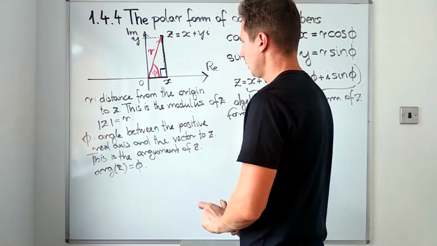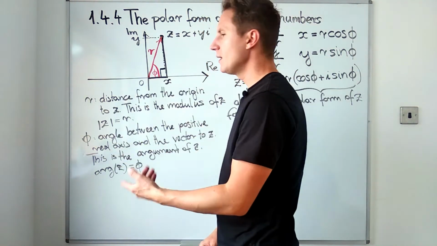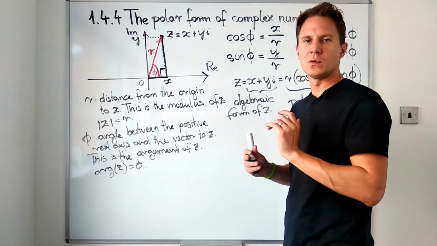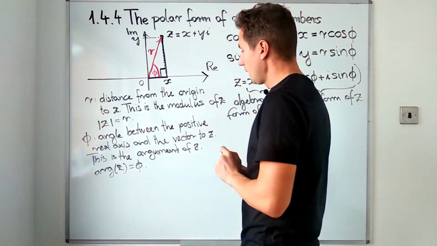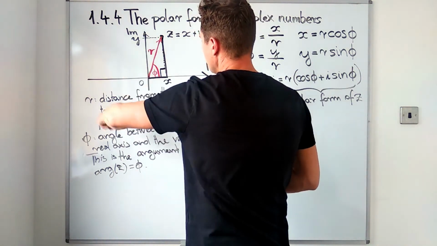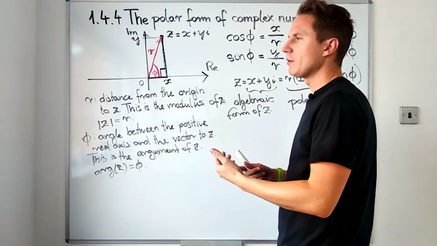If we say that we want to measure this angle in radians, so instead of degrees we are using radians, pi radians is 180 degrees, then of course if we go around the origin multiple times we could arrive at the same point.